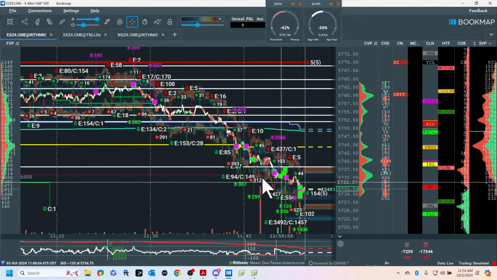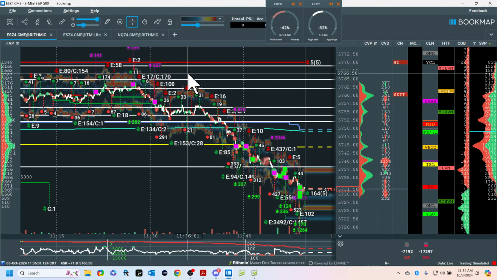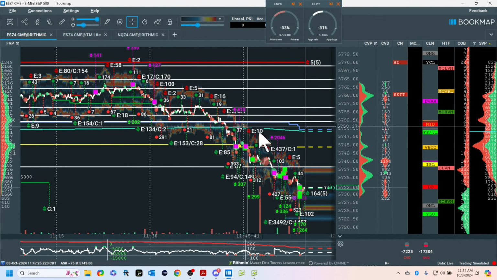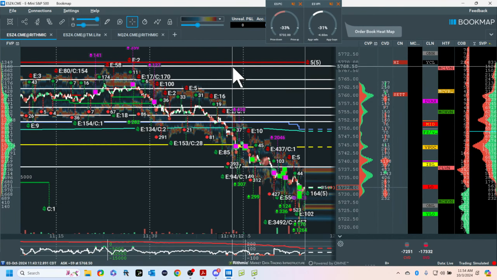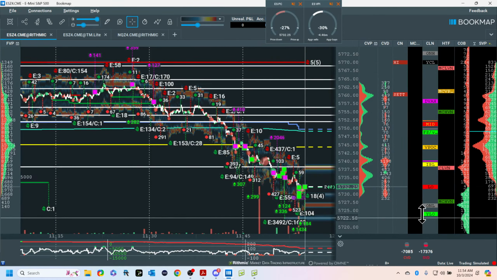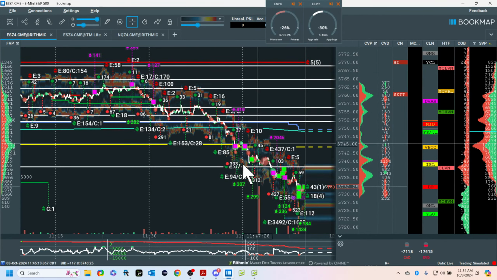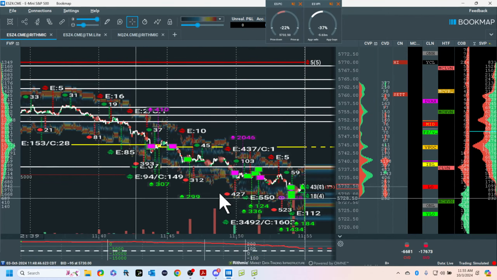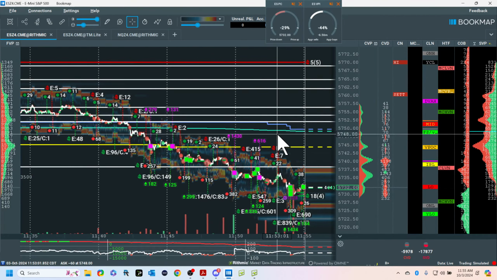But it doesn't preclude taking longs or being upside down and getting squeezed out, because that's just trading. But overall, this is where I'm trying to go. And look at all the buying here. Does that make sense? I hope you got something out of this today.